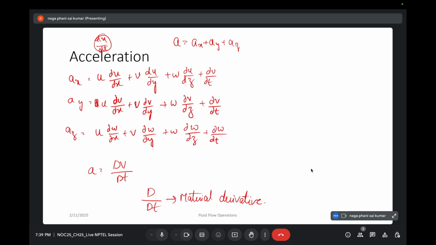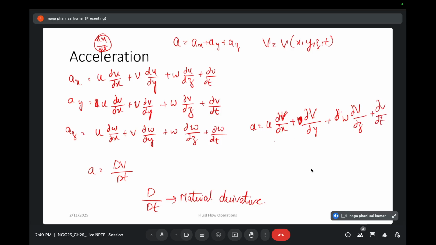And acceleration is u into dou V by dou x plus v into dou V by dou y plus w into dou V by dou z plus dou V by dou t, where capital V is a function of x, y, z and t, right?